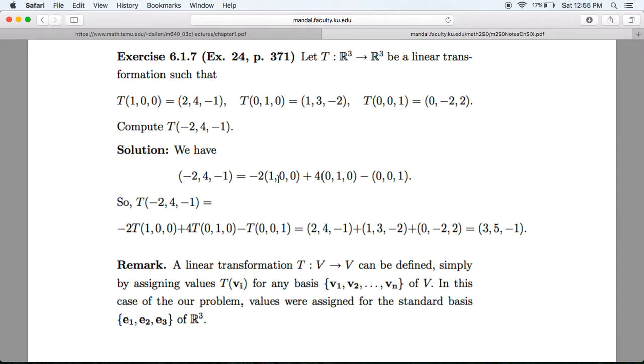Now we will write the arbitrary vector as a linear combination of standard basis vectors, and then we will find out where these standard basis vectors go and add them to get the result.